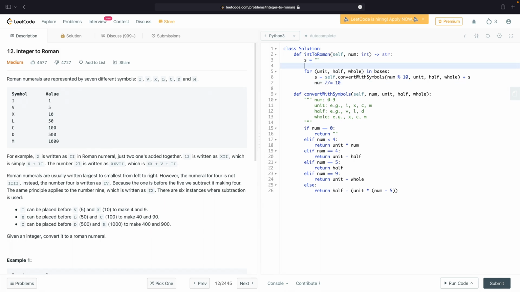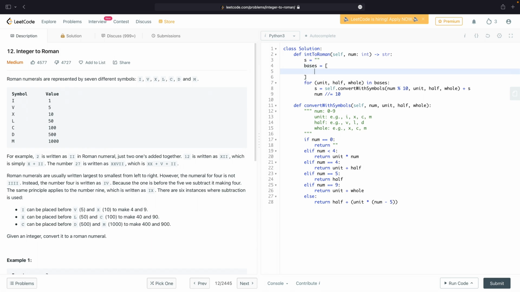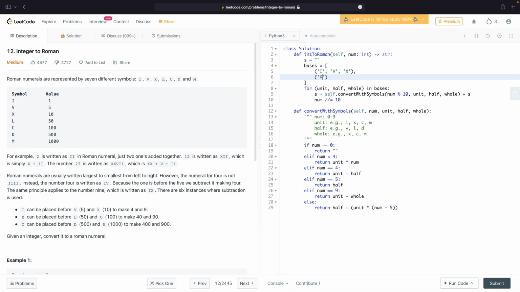And what we want for bases, so we handled the case where it was I, V, X before. But the next one up is where we're dealing with the tens. We dealt with everything up to 10, now we want to deal with the tens, 10, 50, 100.